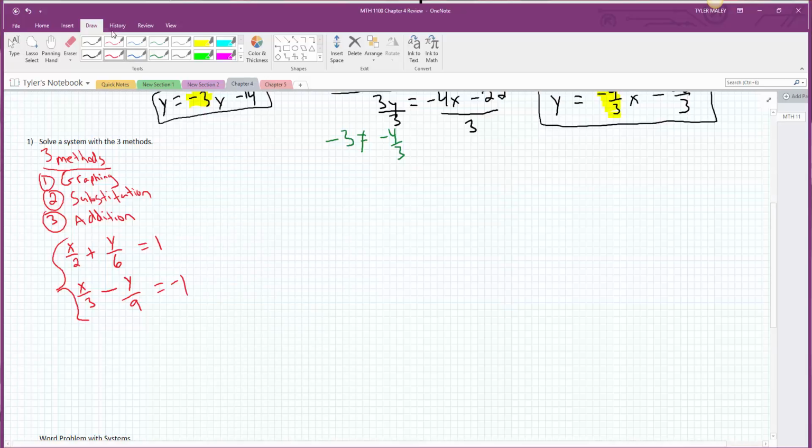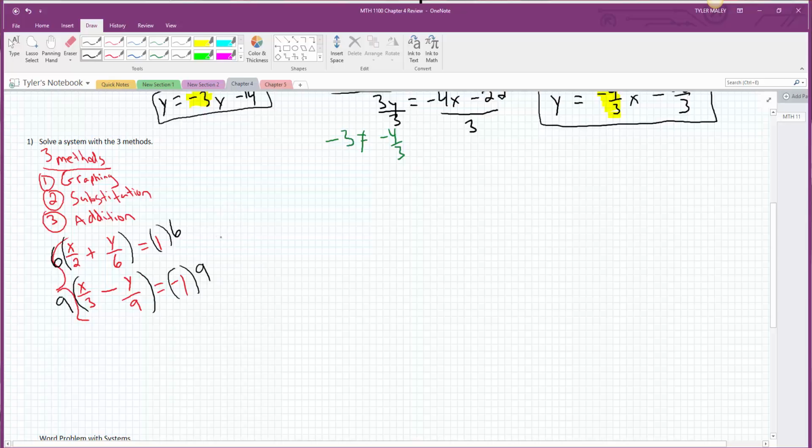The first thing I would do is multiply by the least common denominator of both equations, which is called clearing the fractions. For the top one, I have 2 and 6 as denominators, so the least common denominator is 6. If I multiply both sides by 6, we clear the fractions. For the bottom one, the least common denominator is 9, between 3 and 9.